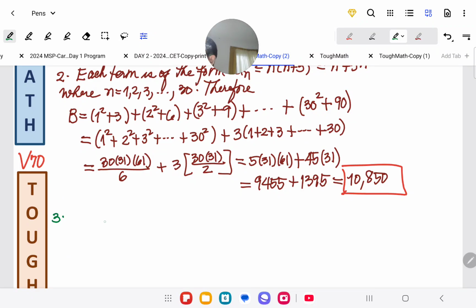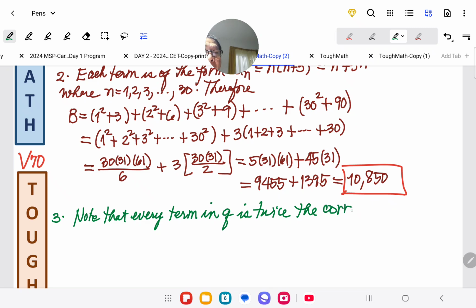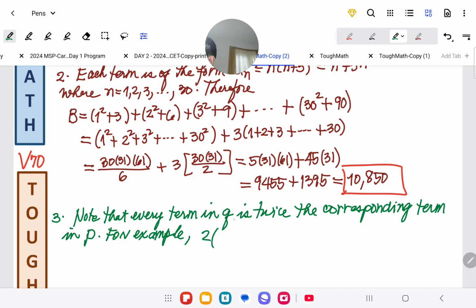And then number 3. Okay, note that every term in Q is twice the corresponding term in P. For example, 2 times 3 and 4/5.